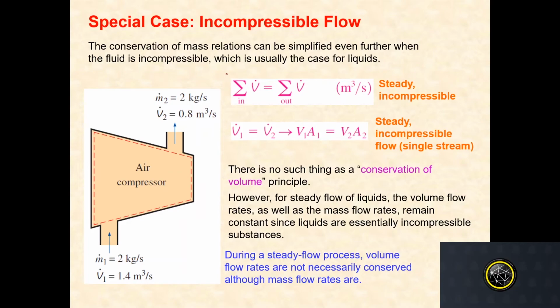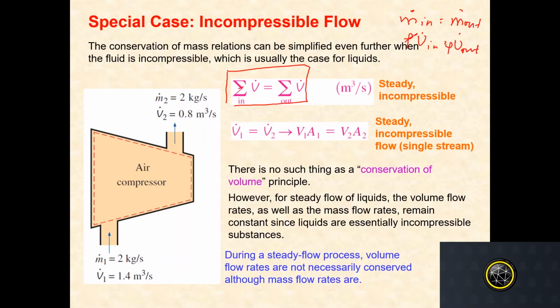Since the density remains unchanged, you can just say that the volumetric flow rate coming in equals the volumetric flow rate going out. It is because we have it before, m in equals m out, so ρV in equals ρV out.